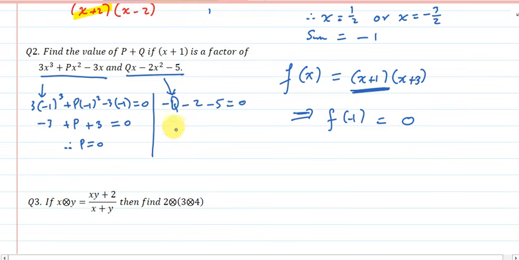So if I have to solve for q, just take this q over, so minus q becomes plus q, and we're getting 7. Therefore, what's the answer for p plus q? P plus q is just equal to minus 7, because 0 minus 7 is equal to minus 7. That's your solution.